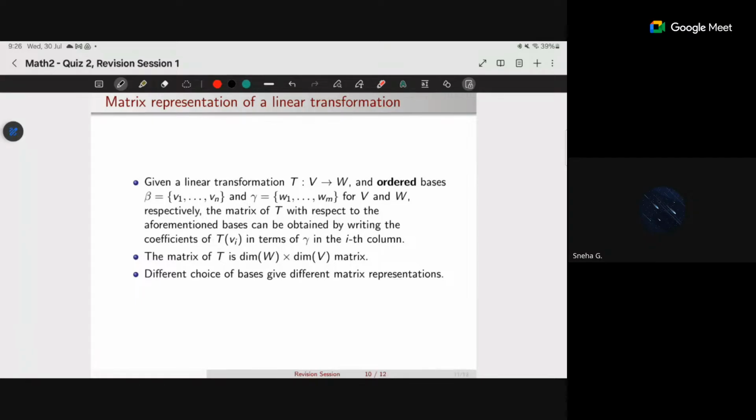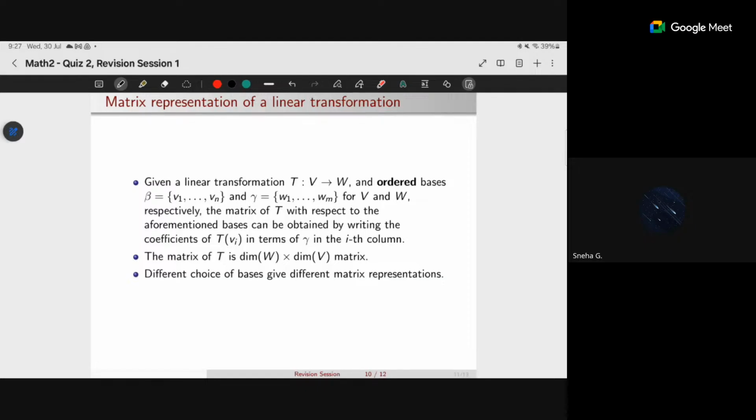Now comes the matrix of a linear transformation. This is something which people have a bit of difficulty with, at least historically, that's what we have observed. So how to write the matrix of a linear transformation with respect to a given basis? When you have a linear transformation, you have a domain and a codomain. Both of these are vector spaces, meaning both have a basis.